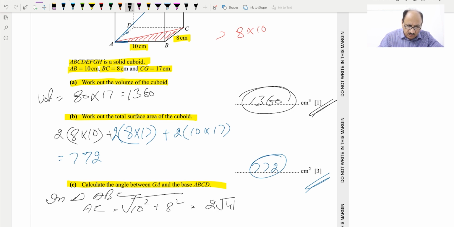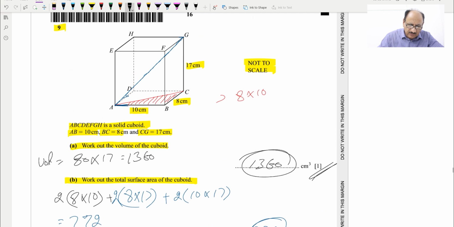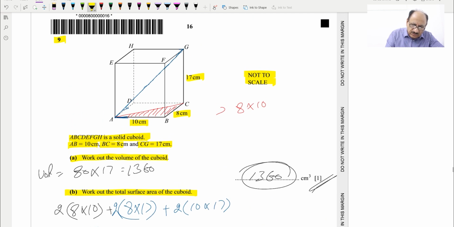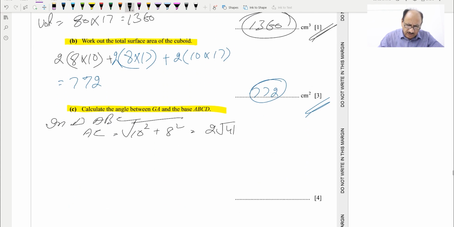So after this, now we can consider this triangle which is ACG. So in triangle ACG we need to calculate the angle between GA and base.